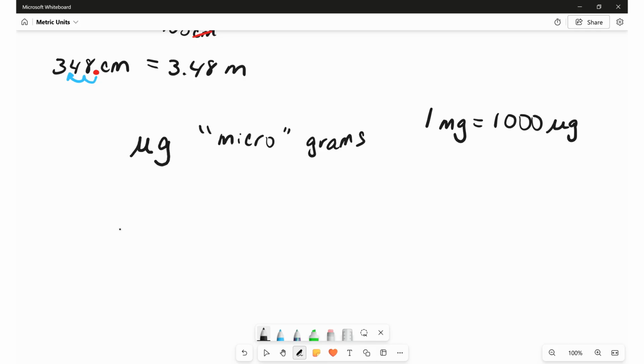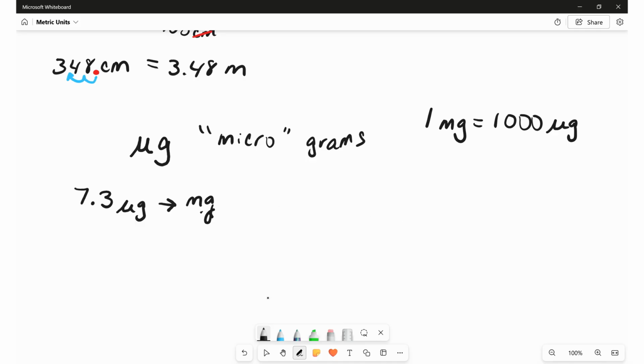So for example, if you notice, a microgram is much smaller than a milligram. So let's say that we had 7.3 micrograms, and we wanted to convert that to milligrams.